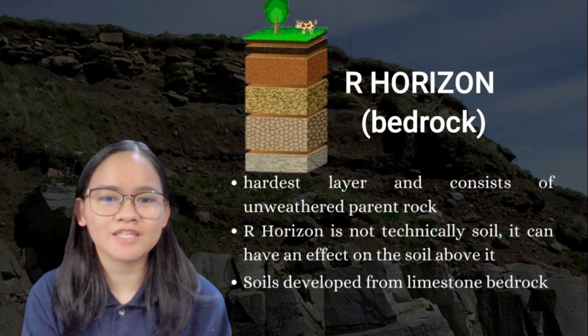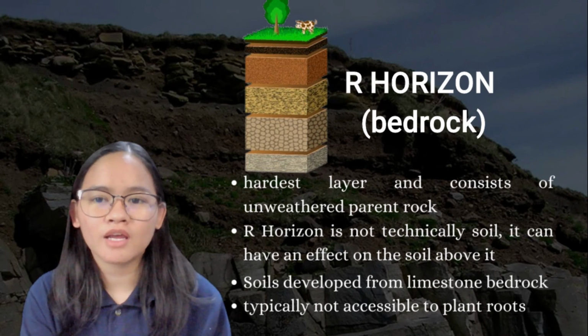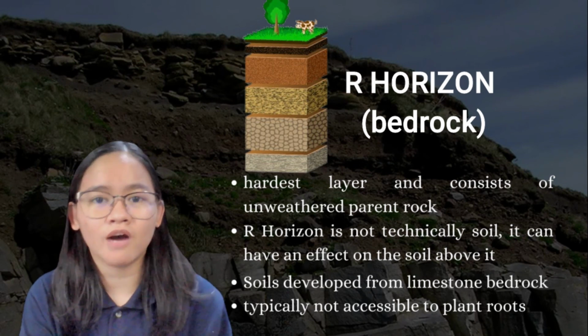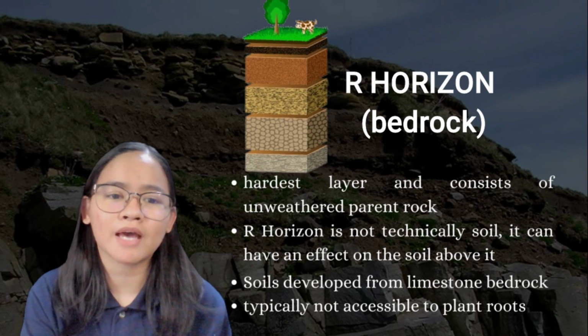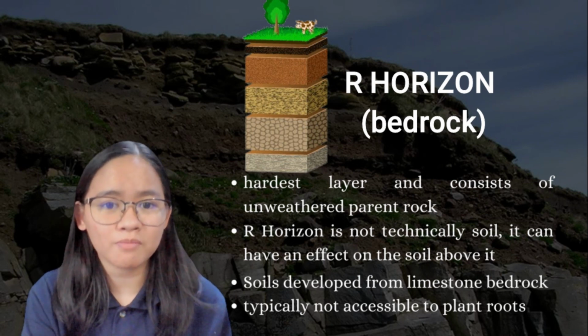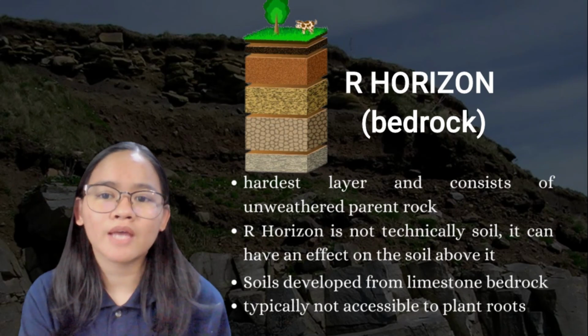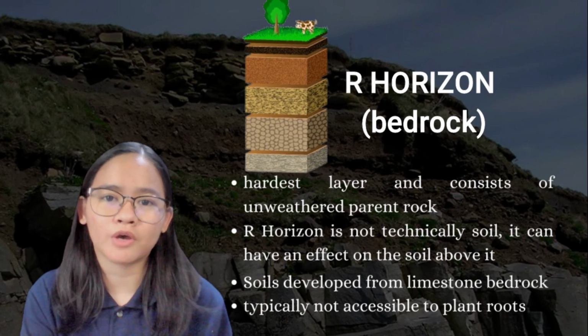The R horizon is typically not accessible to plant roots and therefore does not play a direct role in supporting plant growth. However, the underlying bedrock can have a significant impact on soil development and fertility over time, as it is weathered and broken down into smaller particles that make up the upper soil horizon.